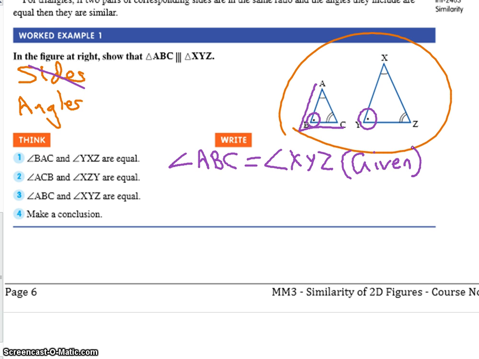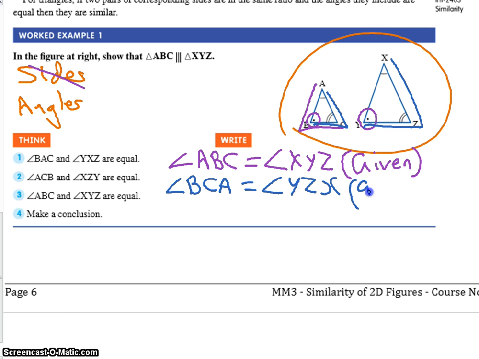Okay, what's the next one? Someone give me another one. Angle BCA. Okay, so we're going BCA, equals YZX.